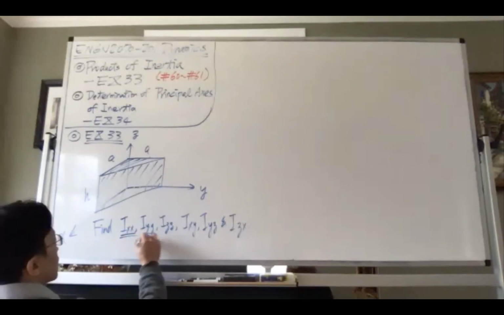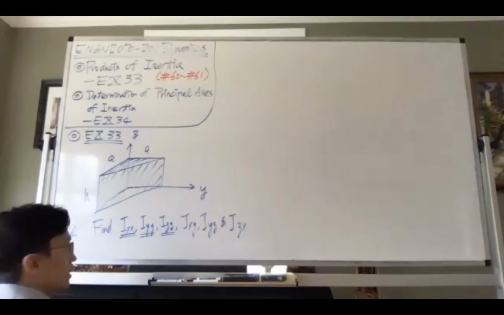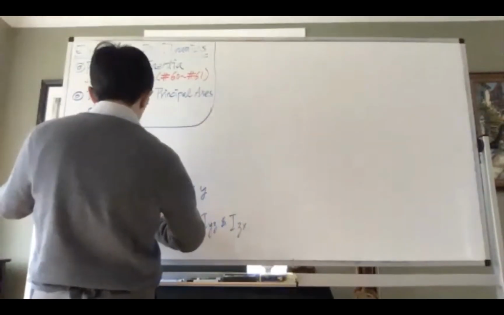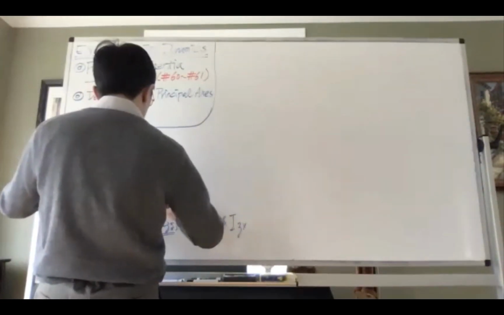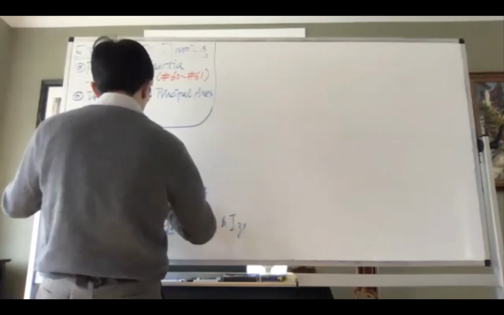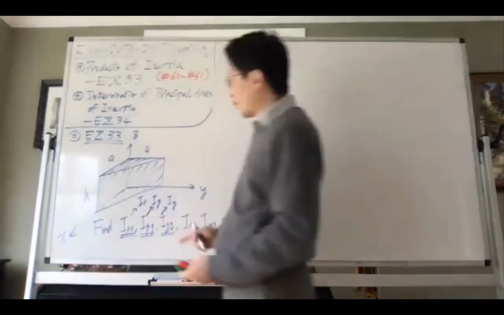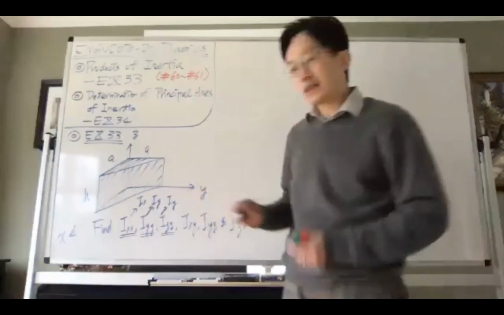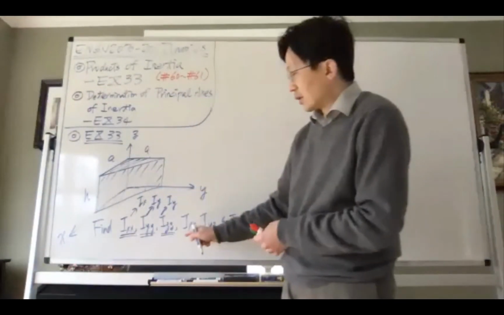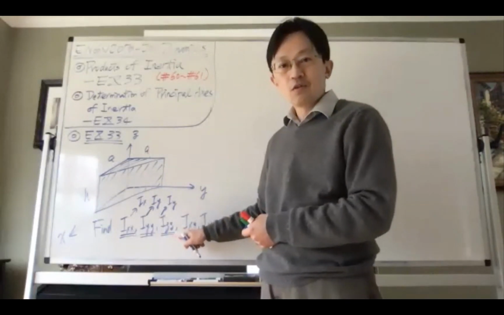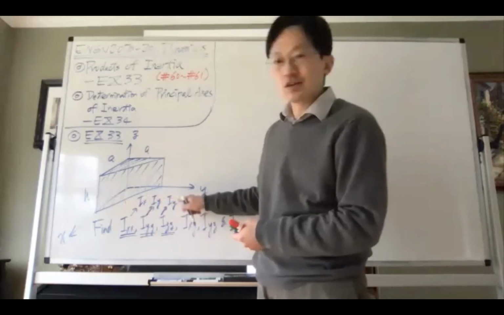Now, what I said last time, and that was last Friday, Ixx, Iyy, Izz are basically what we calculated before. They are mass moments of inertia. It's just before we called them Ix, Iy, Iz, because we did not consider two subscripts for mass moments of inertia.